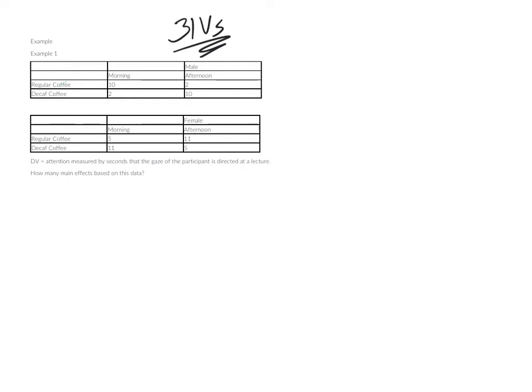The minimum we can have in this situation is 0, right? There could be no main effects. So just keep that in mind. If you see an answer option that says 4 main effects, automatically you should know that's not an option. 3 IVs, possibly 3 main effects.